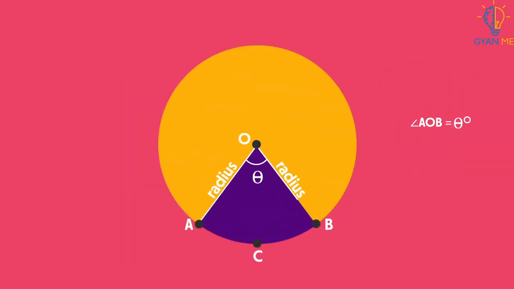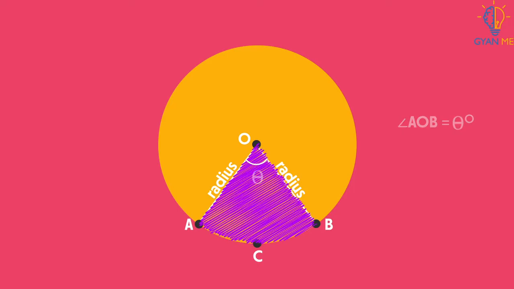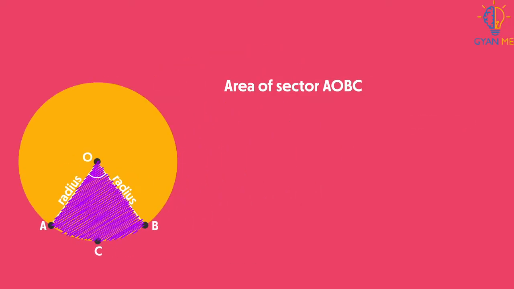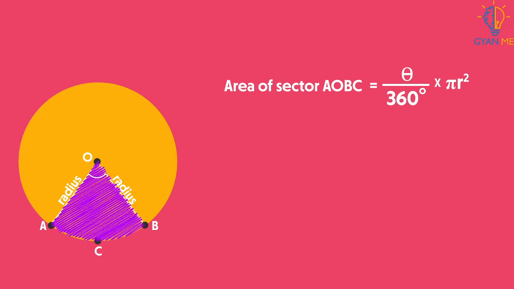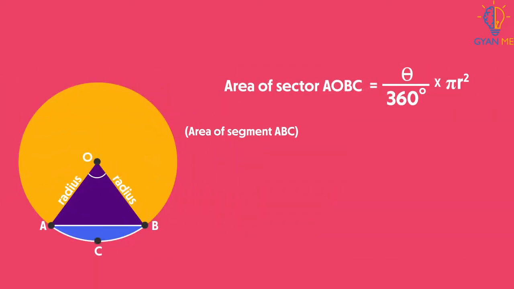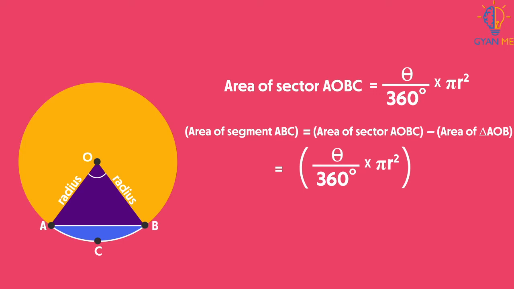Now, if angle AOB is equal to theta, then the area of the sector AOBC is given by the formula area of sector AOBC is equal to theta upon 360 into pi r square. As we know that the area of the segment ABC is given by area of sector AOBC minus area of triangle AOB, which gives us theta upon 360 into pi r square minus 1 upon 2 into b into h.